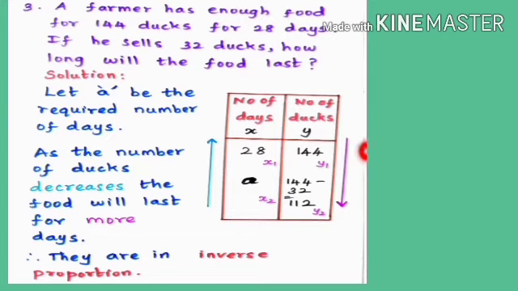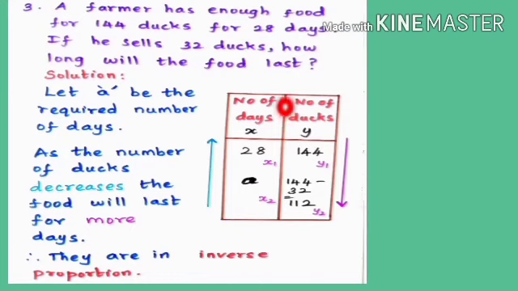Now the question is, for 112 ducks, how many days will the food last? So again, this is an inverse problem. When one value increases, the other value decreases.